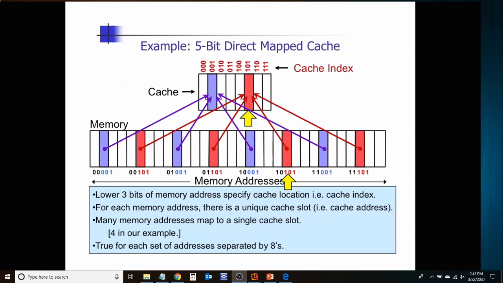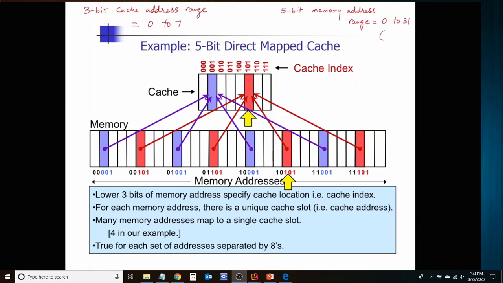So let's see, what is the 5-bit memory address range? The 5-bit memory address range in this case is 0 to 31, and for the cache it's a 3-bit cache address range. It's going to be from 0 to 7.